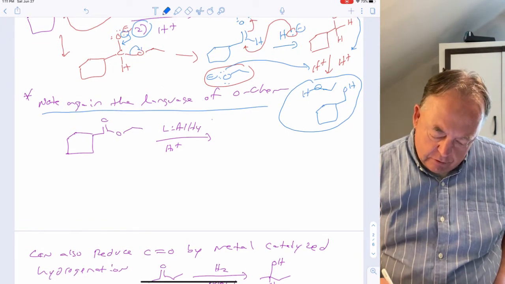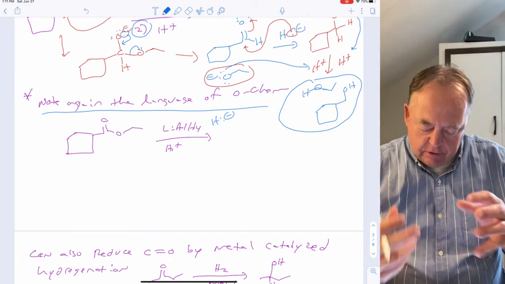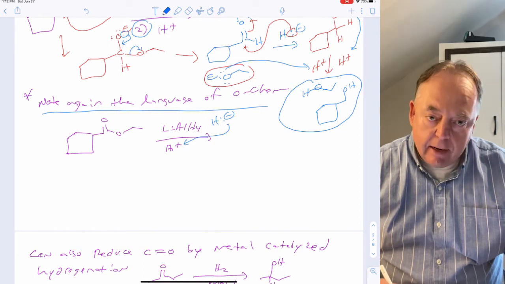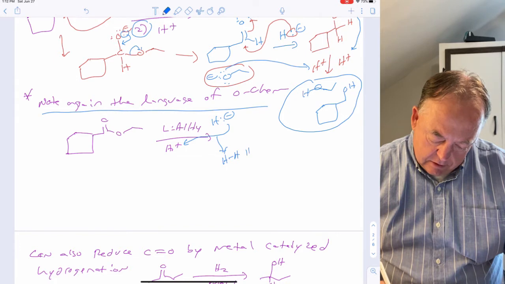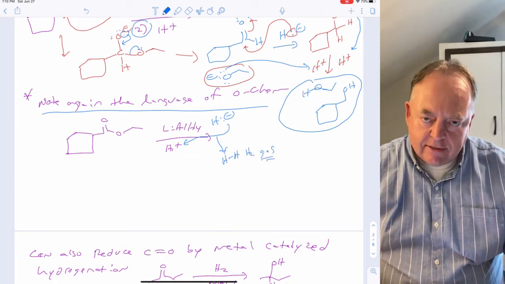If you don't do them in sequence, that means you put everything in the flask together at the same time. And the problem with that is, well, H plus is going to react with H minus, and you're going to make H2 gas, which is flammable, and this is a very exothermic reaction.